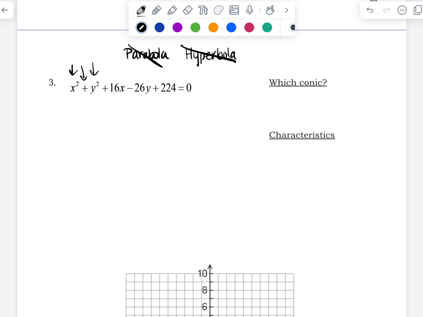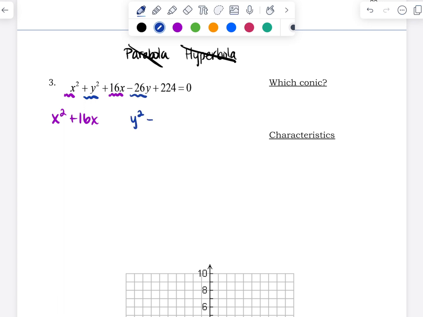Is it an ellipse? Is it a circle? Not quite sure. I mean, I have my guesses, but we're going to need to complete the square in order to figure it out. So a little bit like the last one, we want to keep all the terms that are the same variable together, like clustered, but because in an ellipse or a circle, everything that relates to x and y is on the same side, I'm not going to move these terms, okay?